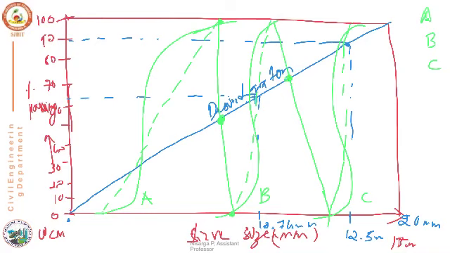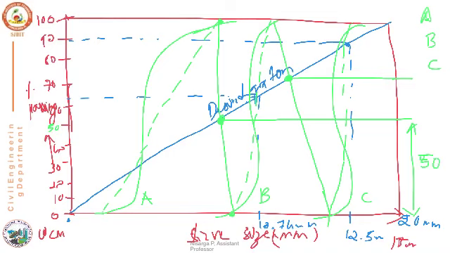Check this, and draw a horizontal line parallel to the x-axis from those points. Now you can see that these will meet the percentage passing line at some point. So from here to here, the percentage passing will be, we'll say, 50%.